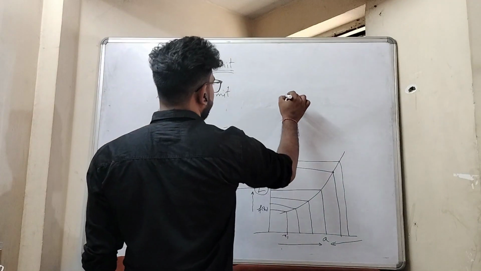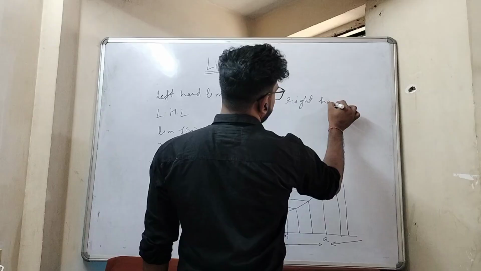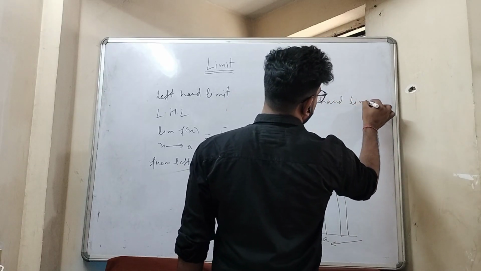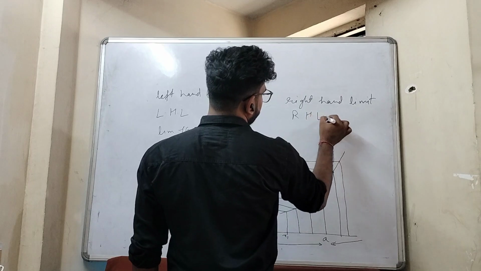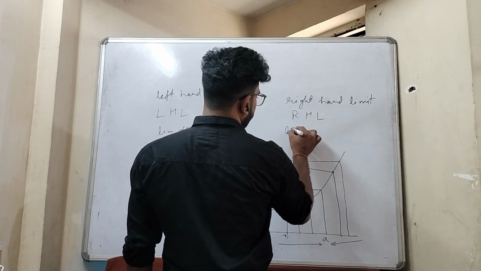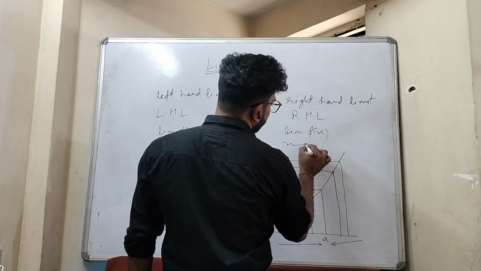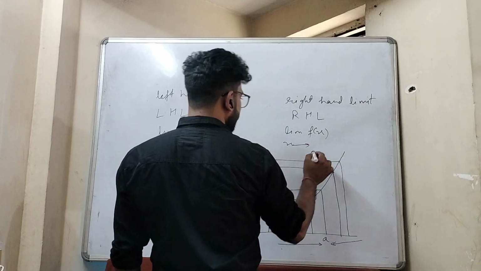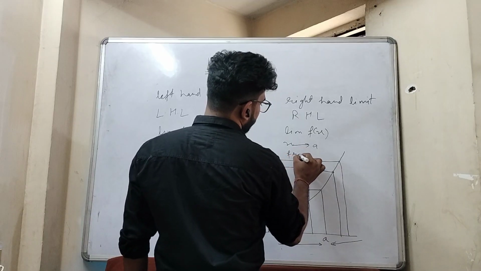And similarly, the right hand limit is the limit of the function f of x when x approaches point A from the right side.